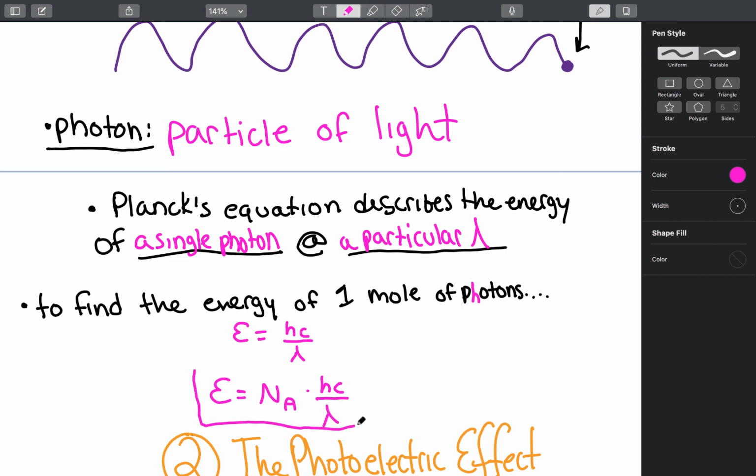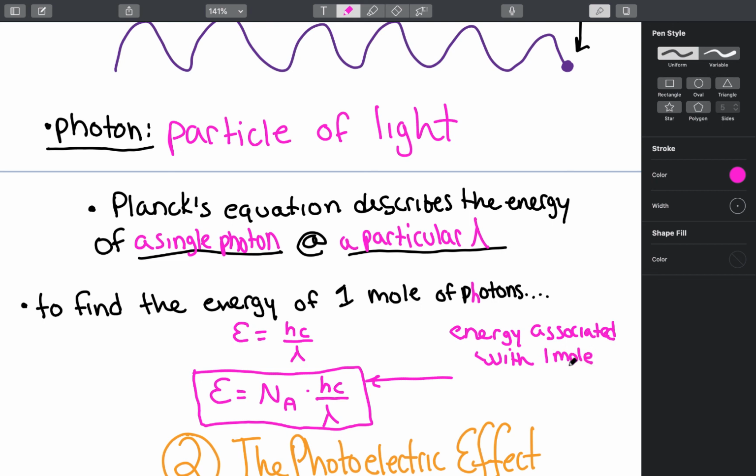And this will give you the energy associated with 1 mole of photons. And remember that Avogadro's number is equal to 6.02 times 10 to the 23rd atoms, or anything.